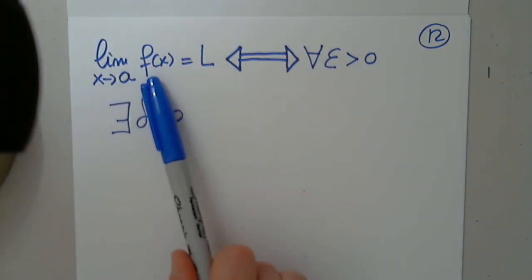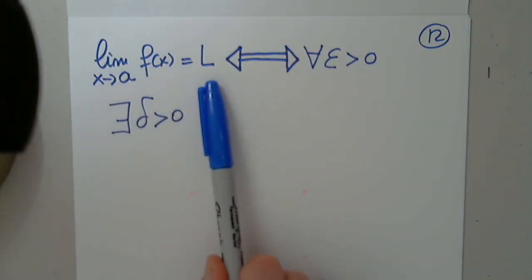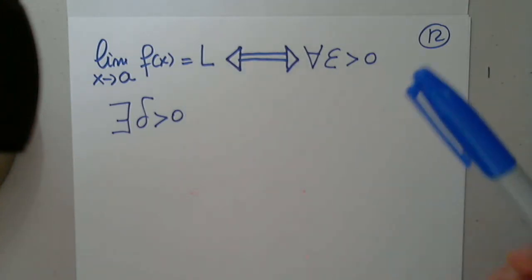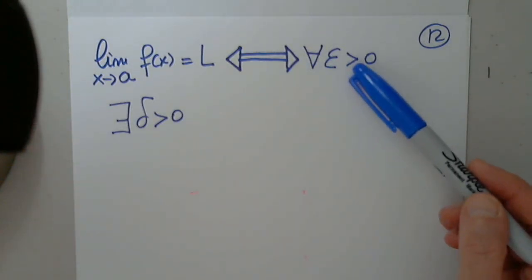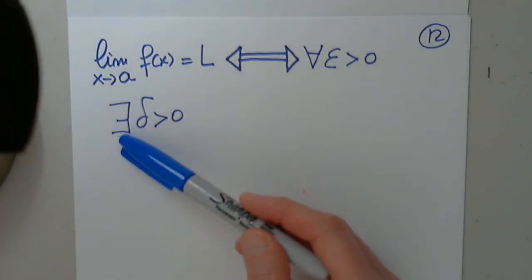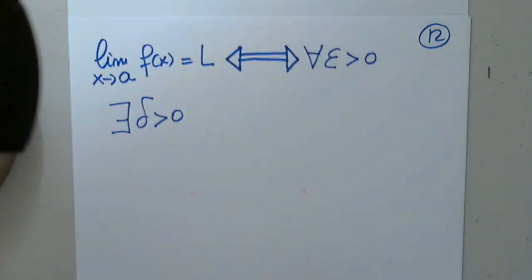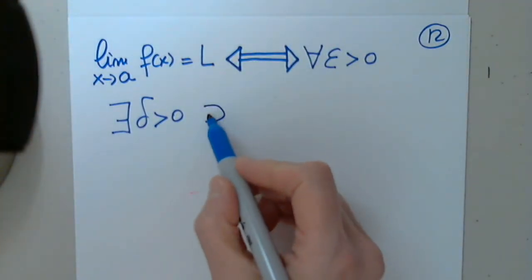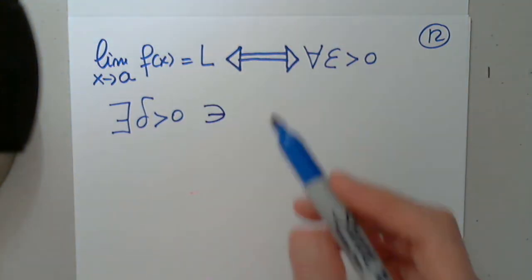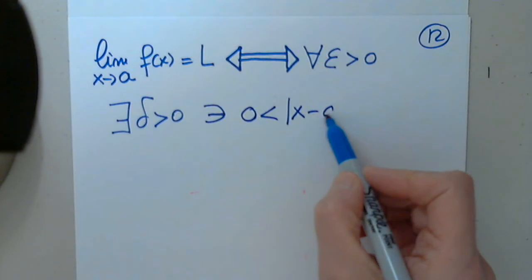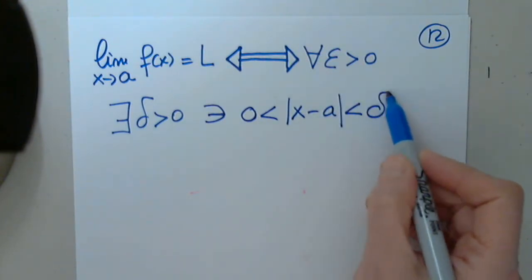So back to this. The limit of f of x as x approaches A is L is equivalent to saying, or implies, for every epsilon positive, I will find a delta positive, such that 0 is less than the absolute value of x minus a, which is less than delta.